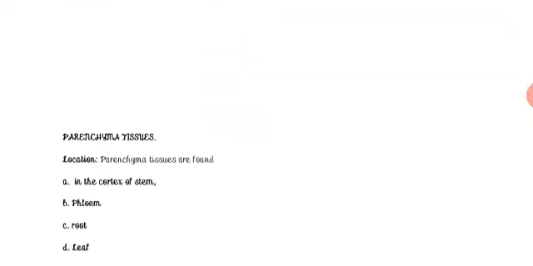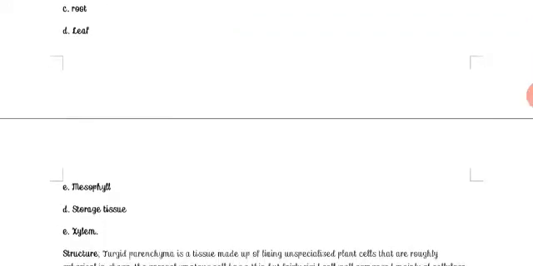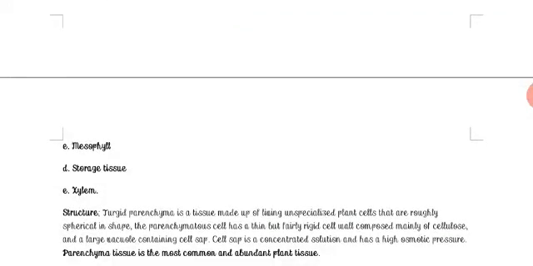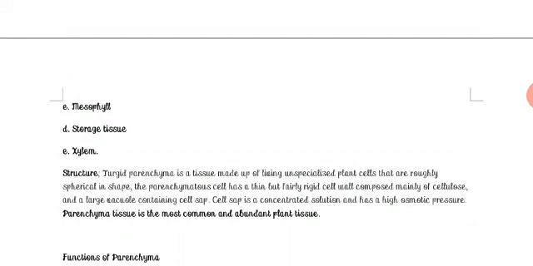Furthermore, parenchyma tissues. These are located in the cortex of stem, in the phloem, in the roots, in the leaf, in the mesophyll, storage tissue, as well as even in the xylem. How do they look like? I mean the structure.